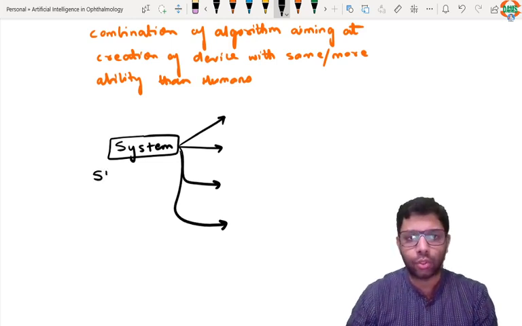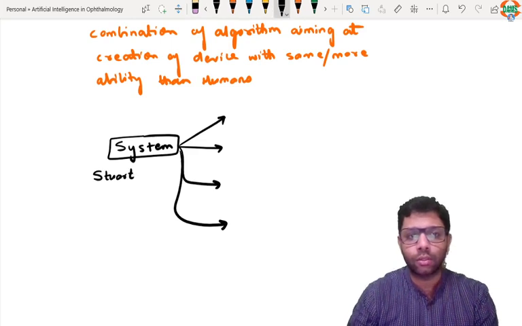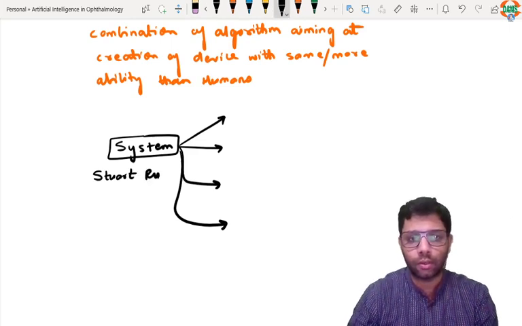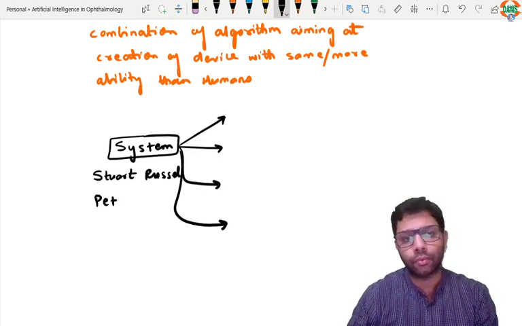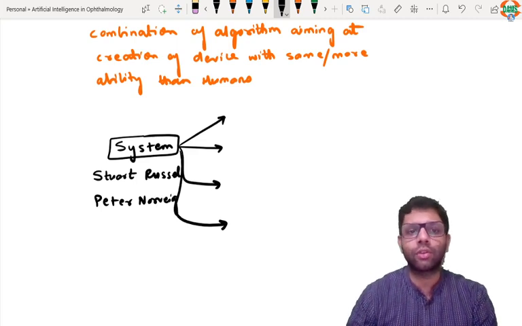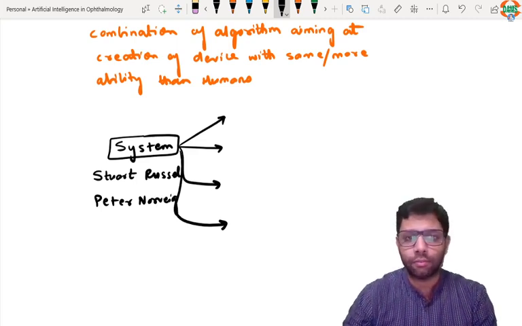So there were two scientists, Stuart Russell and Peter Norvig. You can just write down Norvig or Russell. They gave four types of systems. I'm telling ABCD in my answer like this.